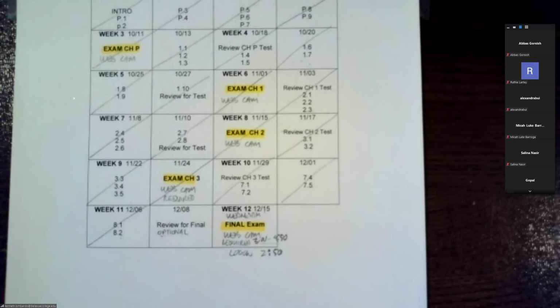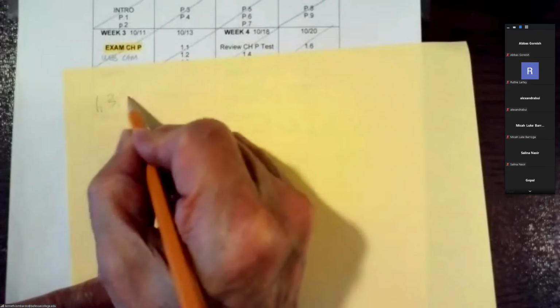1.3, 47. All right, let me find that. Where is 1.3 here?